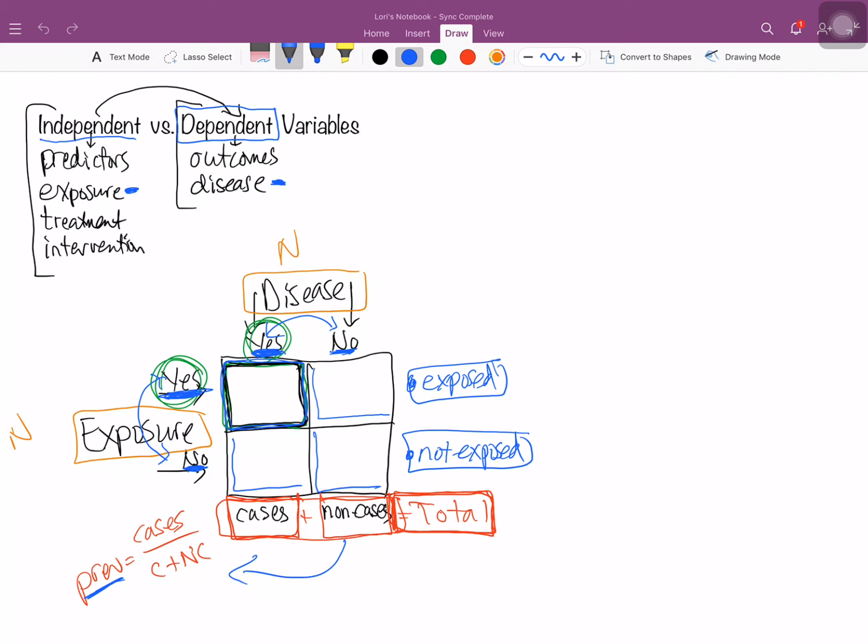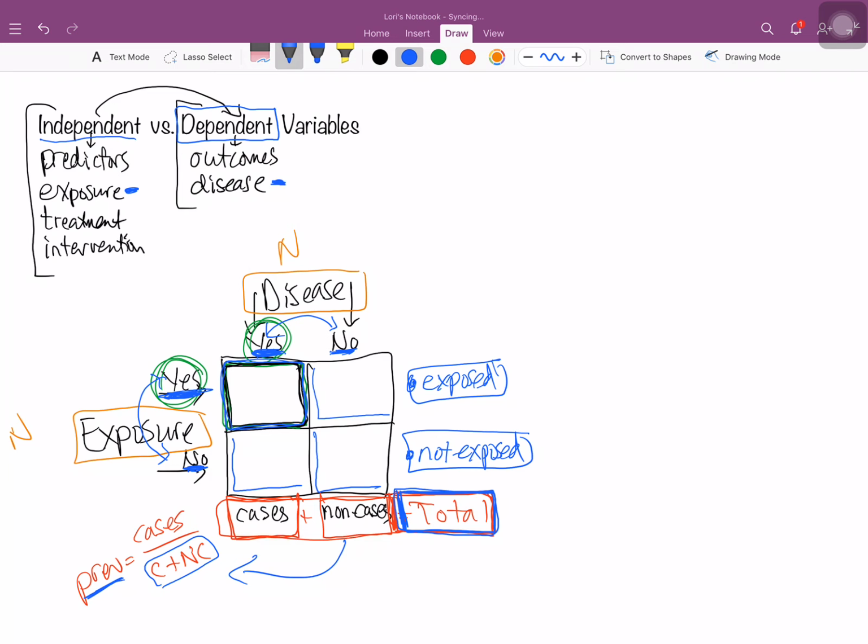This is prevalence only if this total right here is a representative sample of our entire population. In other words, we have good denominator data, because here's our denominator. This cases plus non-cases is our denominator for this particular relationship.